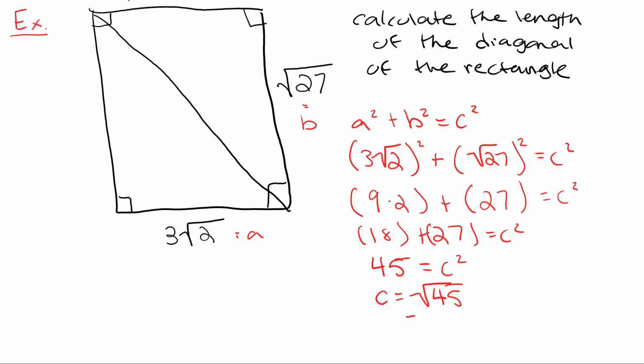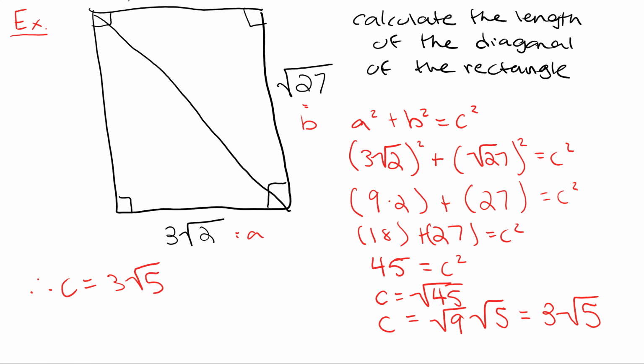In that case, that would be root 9, because 9 is 3 squared. And then we have root 5. So it's going to be 3 root 5. And that is our value of c. Therefore, c is equal to 3 root 5.